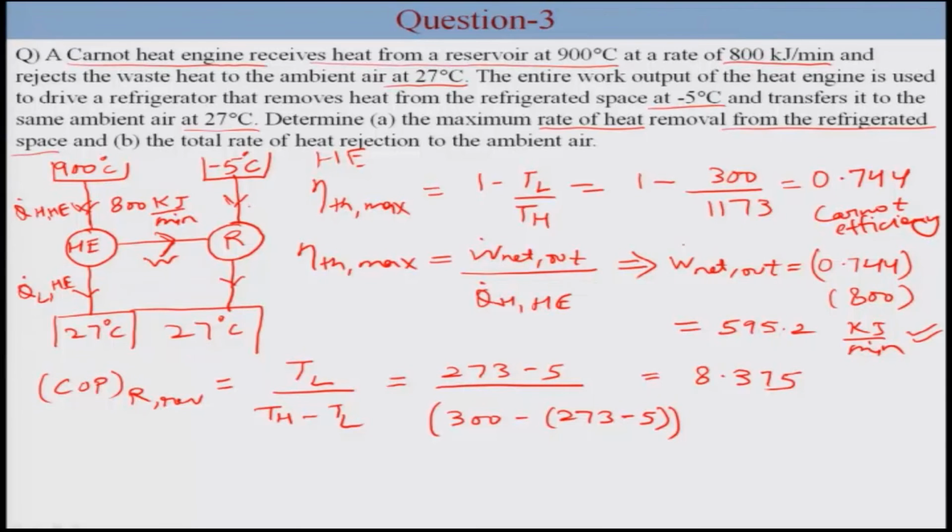The refrigerator is taking heat at -5 degrees Celsius, marked as Q dot L for the refrigerator, and it is rejecting heat to the ambient air, marked as Q dot H of the refrigerator. The work is the net work, which is given out from the heat engine and is taken as input by the refrigerator.